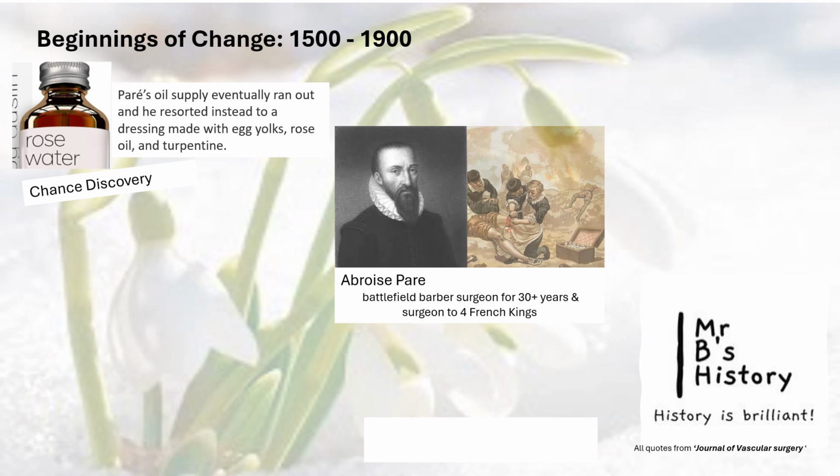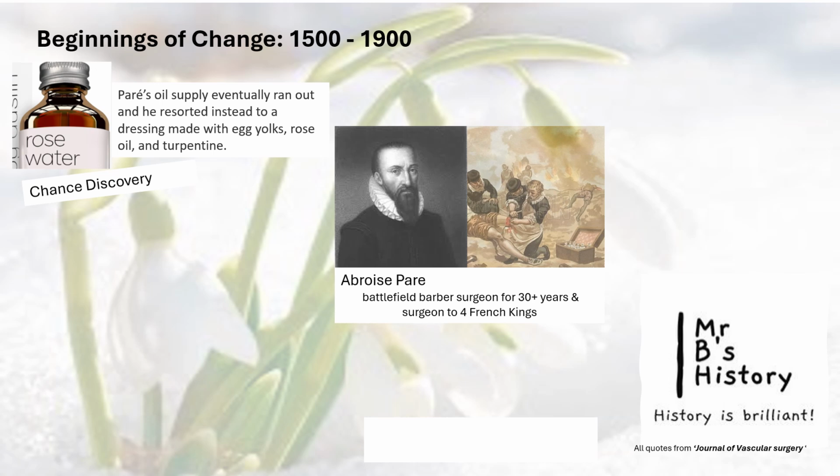But he ran out, in the middle of a battle, he ran out of this hot oil and he developed his own mixture of egg yolks, rose oil and turpentine. Notice, no heat applied. And what he found in the morning after he treated people, after a really restless night worrying if he'd just made some terrible mistake, he found that those people he'd treated with his new potion had survived and the leg was a lot less angry and the people were in a lot less pain.